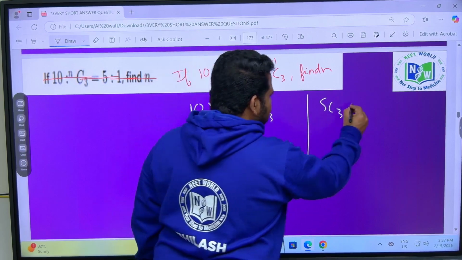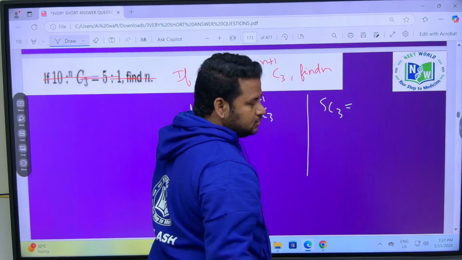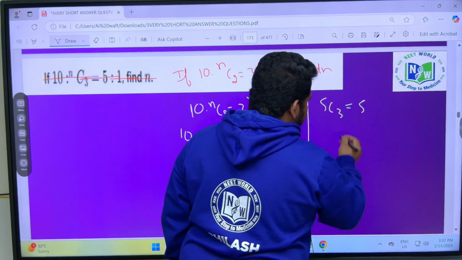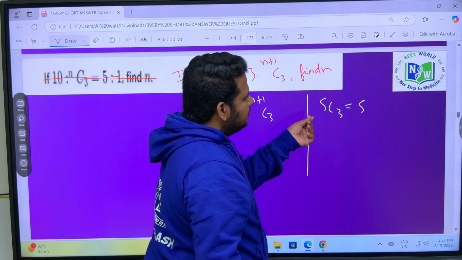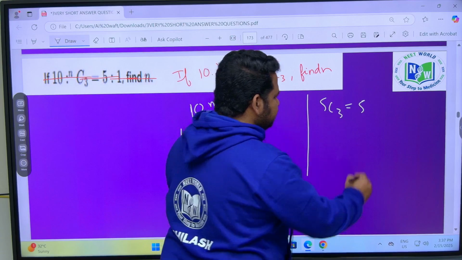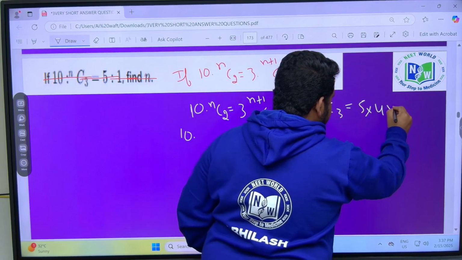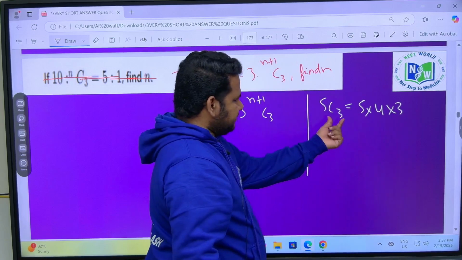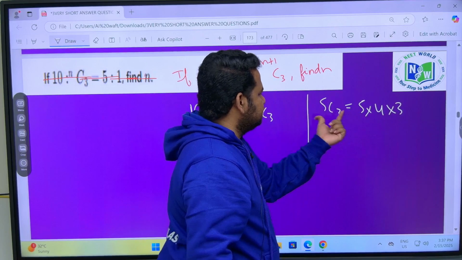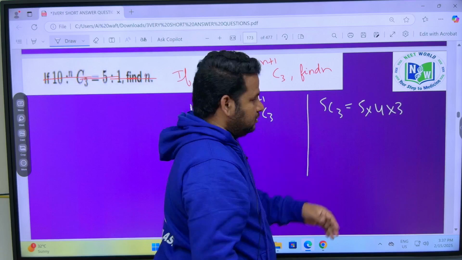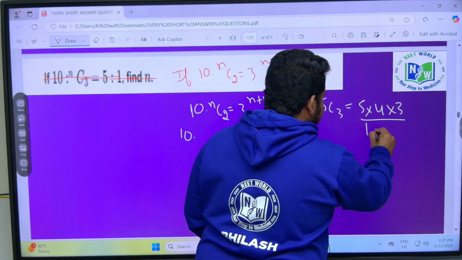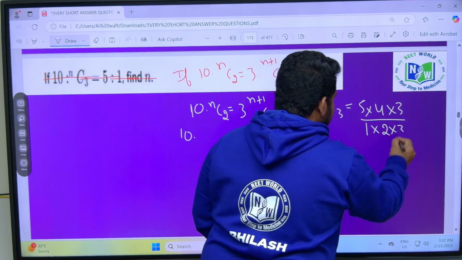Instead, r value is 3, so on the top you multiply 5 into 4 into 3, that's all. Below, you can write 1 into 2 into 3.